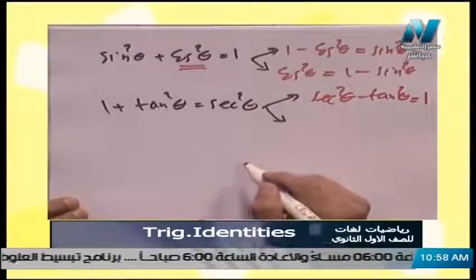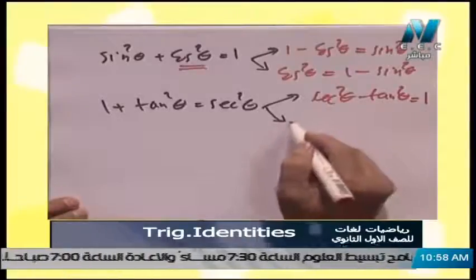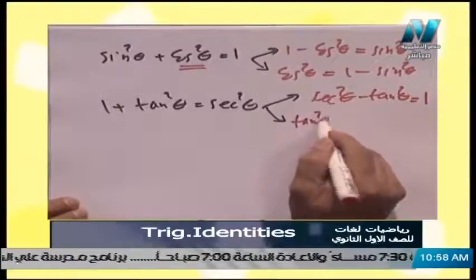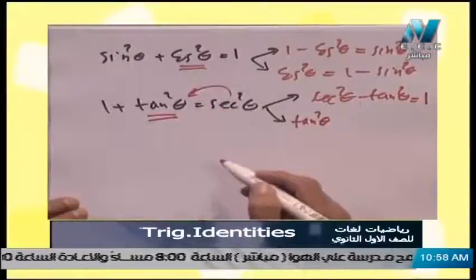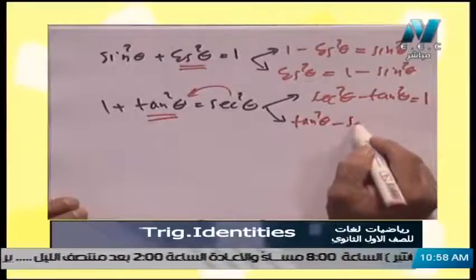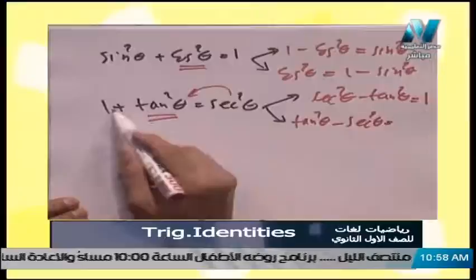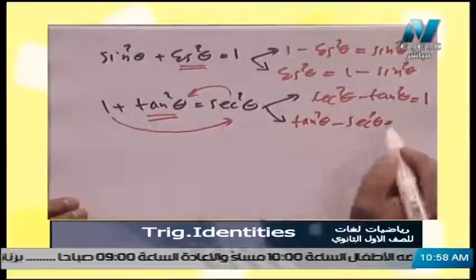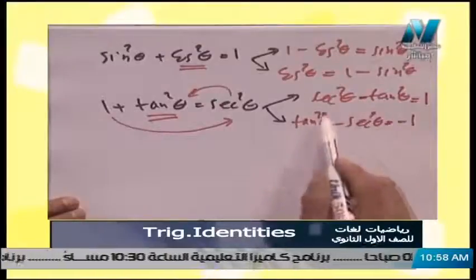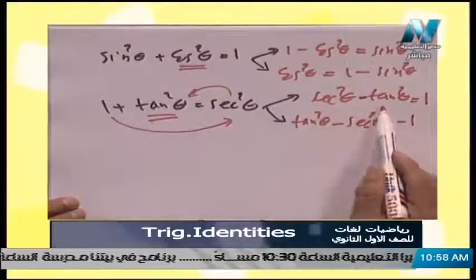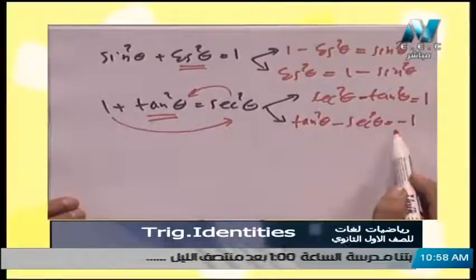Okay, and we can also say that tan power 2 theta minus sec power 2 theta, when we move it to the other side negative, equals negative 1. So keep them all: sec power 2 theta minus tan power 2 theta equals 1, and tan power 2 theta minus sec power 2 theta equals negative 1.